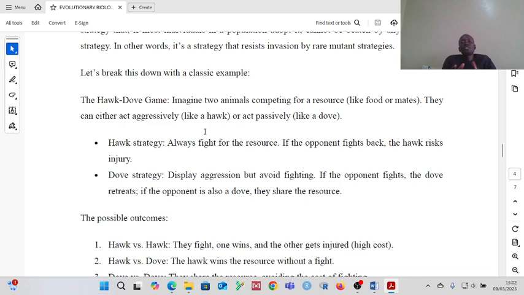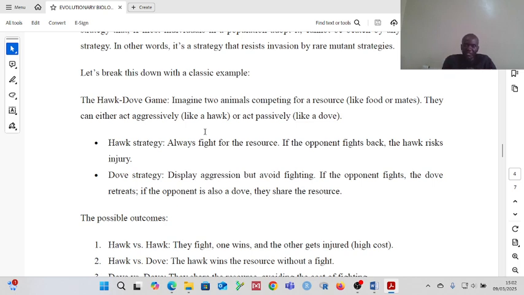The hawk strategy: I want this resource irrespective. So I come for the resource and I fight for it. If you want to fight back, then we'll fight. But the benefit is I might get the resource, but the cost is I might get injured.